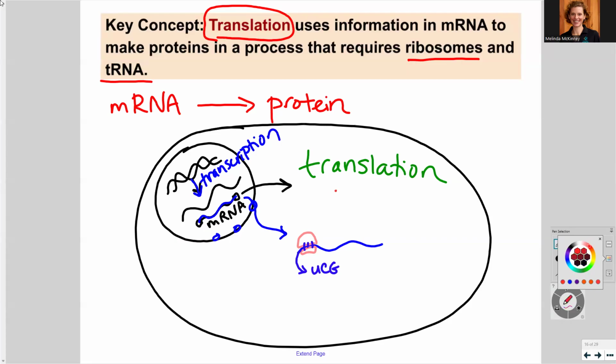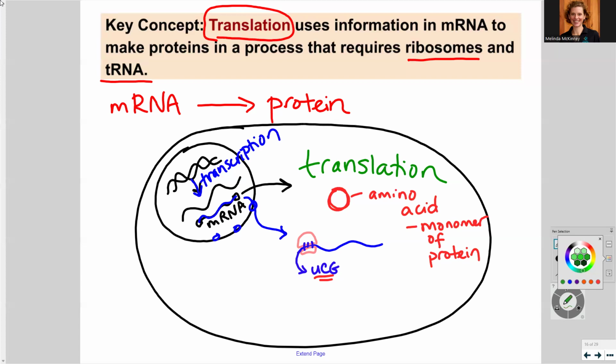So there's an amino acid. And remember, an amino acid, this is not to scale, this is much larger, is the building block of a protein. It's the monomer of a protein. So this is going to specifically correspond to a given amino acid, and then that amino acid is going to come into the ribosome. That's where the transfer RNA comes in.